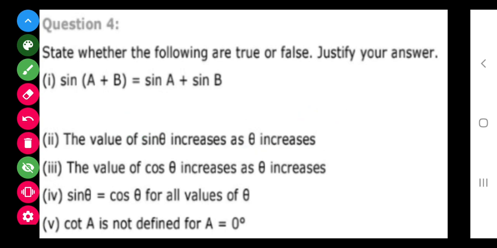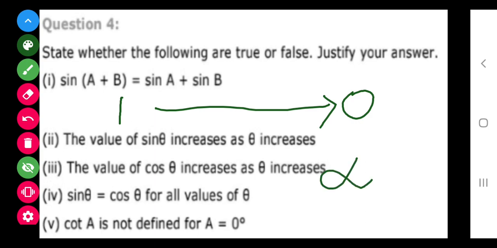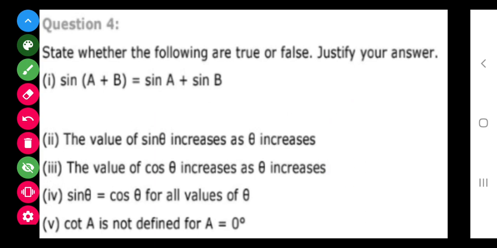So it is true. Next, the value of cos theta increases with the increase in the value of theta, so this is false, because cos starts with 1 and ends at 0. Now the fifth one says sin theta is equal to cos theta for all values of theta.